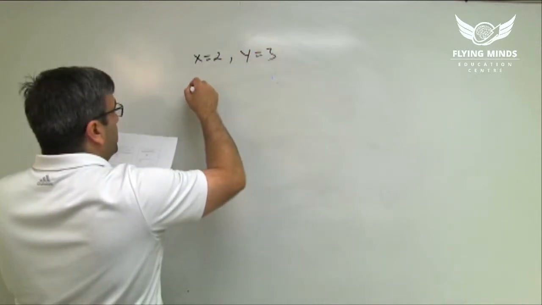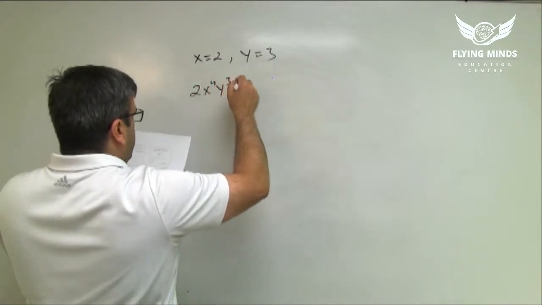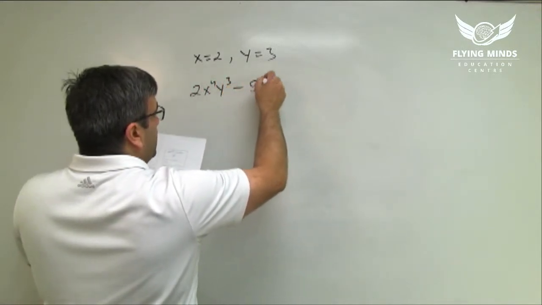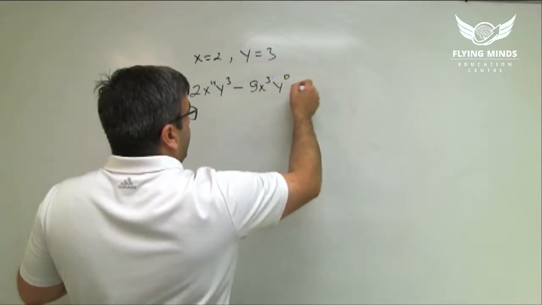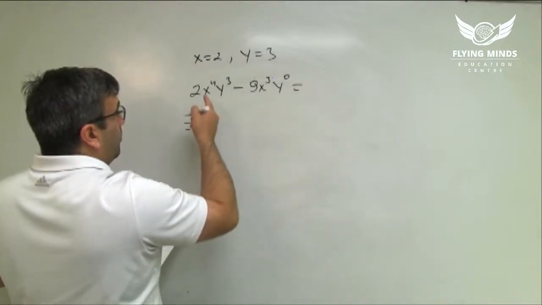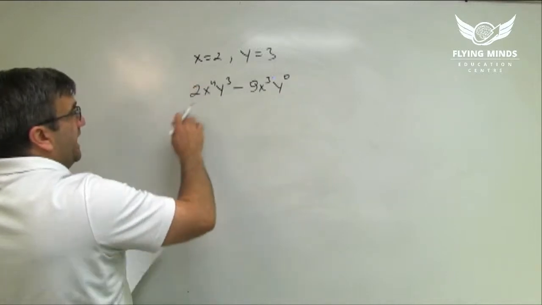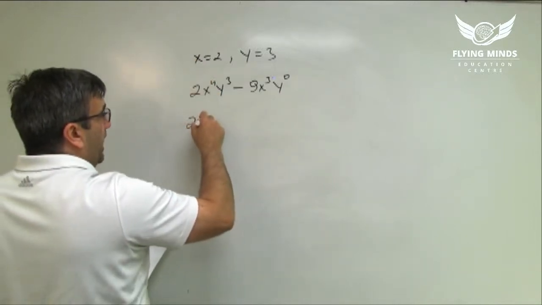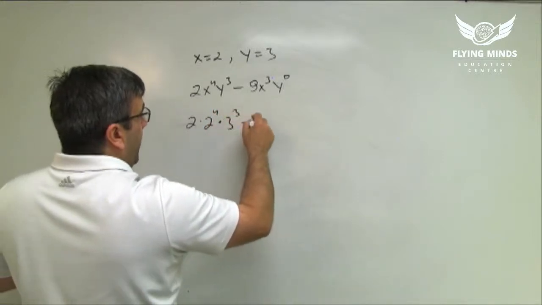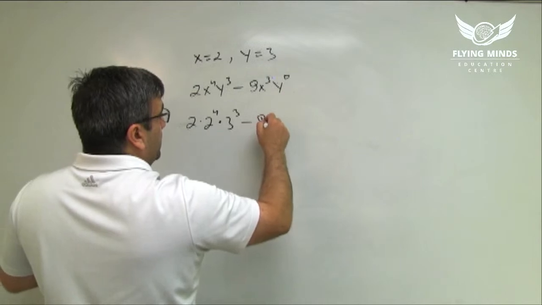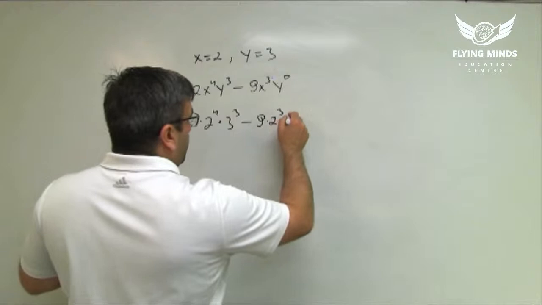We're given an expression: 2x to the 4th times y cubed minus 9x cubed y to the 0. Sorry, we don't need an equal sign. So we replace x and y with values. So we have 2 times 2 to the 4th times 3 cubed minus 9 times 2 cubed, and any number to the power of 0 is 1, times 1.